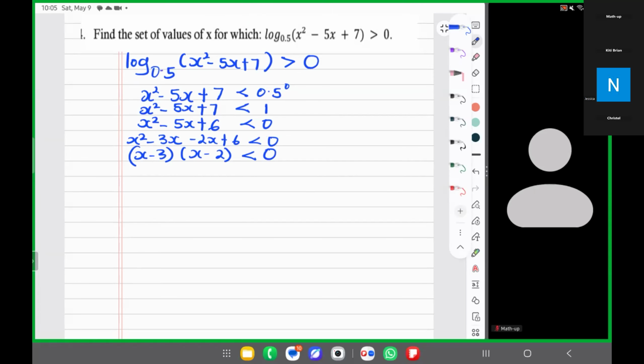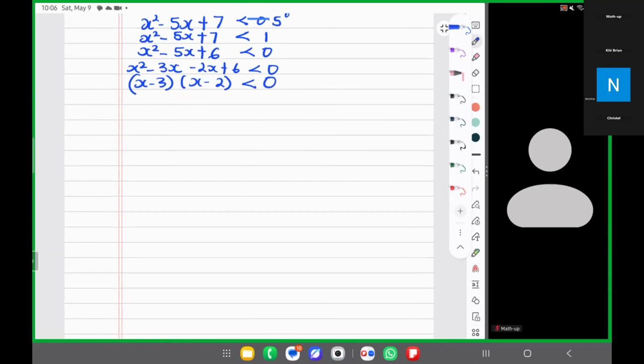Okay, so at that point, we need to find the values of x that are going to satisfy that condition by doing some sign analysis. So we shall draw a simple table.